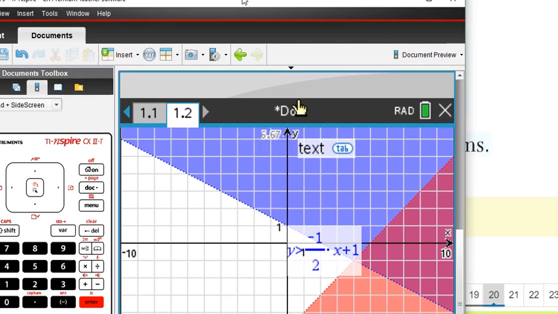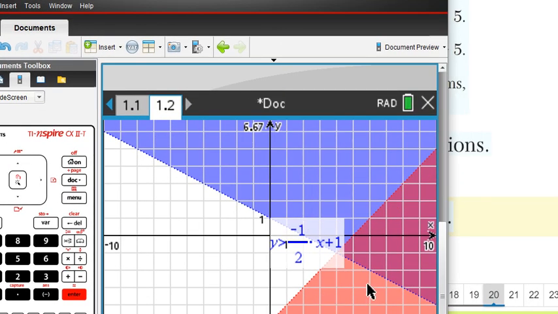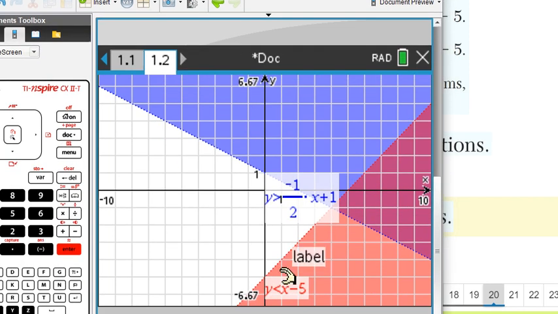Notice down here at the bottom, those answers in the pink are like those answers in the blue. They're good for one of the two inequalities. That's just the x minus 5. So y is less than x minus 5 is down here.